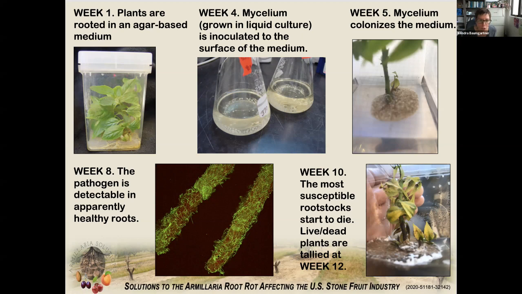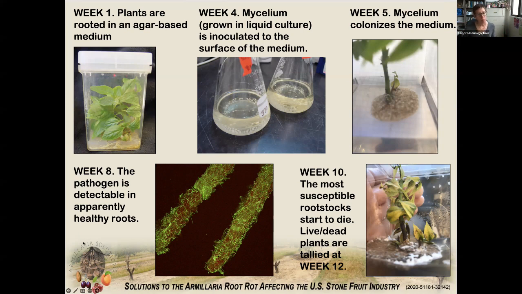And these little balls here are of the mycelium of the fungus, but they kind of form, they get round. We grind those up with a handheld blender, and then we pipette them onto the surface of the medium. And after another week, it grows to colonize the surface of the medium, and it colonizes the entire medium. So no root escapes the fungus in this assay. It's a very extreme assay.